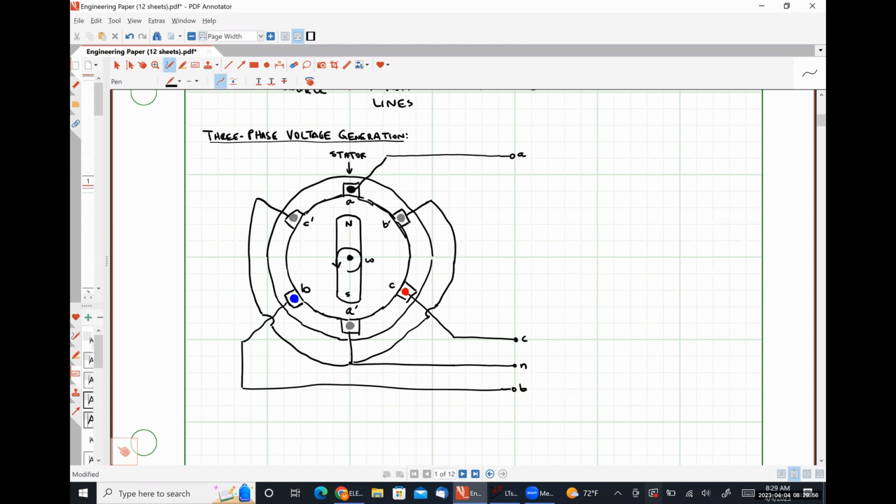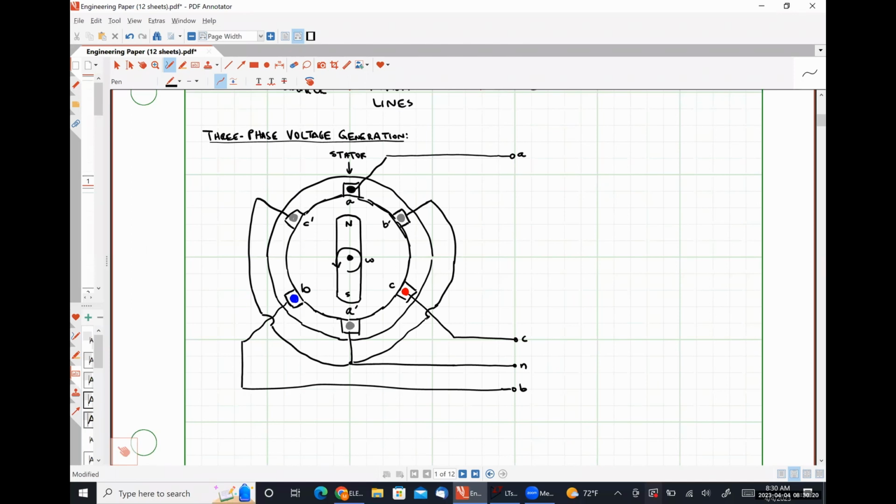So as this magnet spins, the flux that's seen by each of these coils of wire, represented by the A, B, and C phases, is changing. So we're going to have voltages induced on the A, B, and C phases of our system, right?